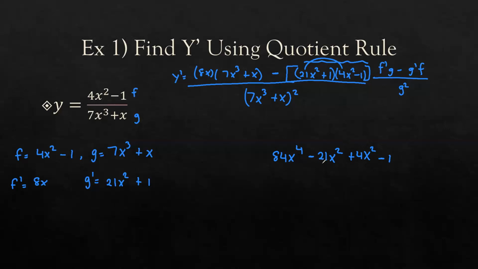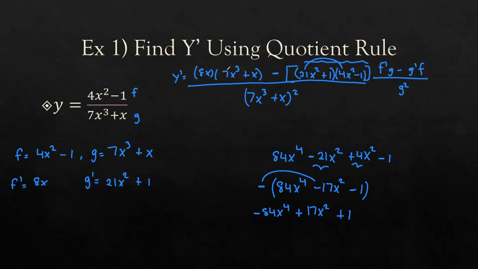Collecting like terms, negative 21 plus 4 is negative 17, so 84x fourth minus 17x squared minus 1. Then distribute the minus: negative 84x fourth, positive 17x squared, and positive 1.